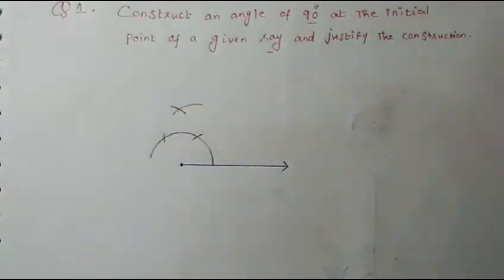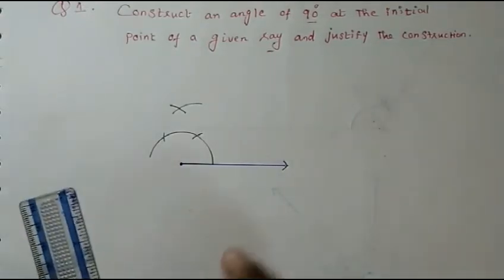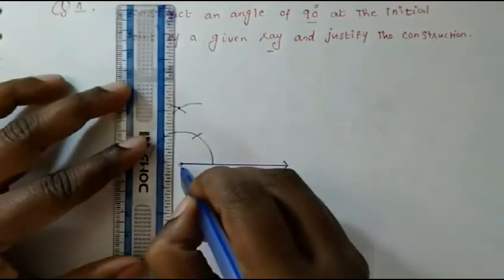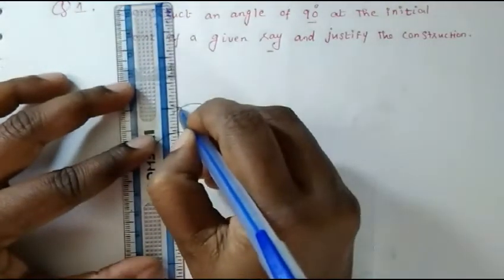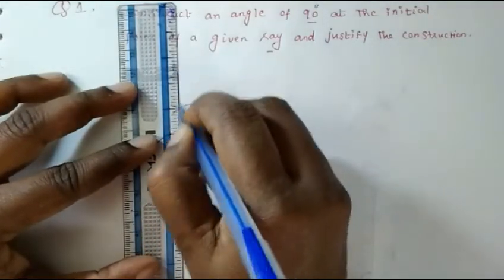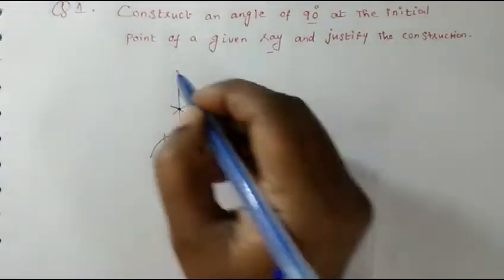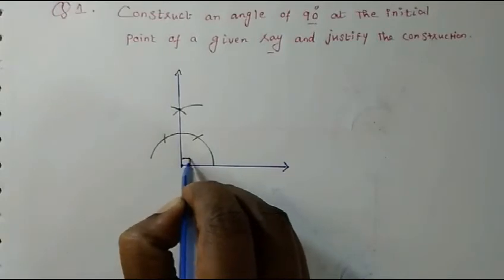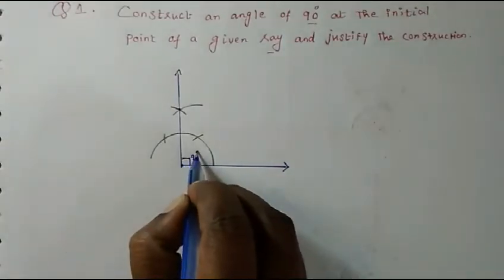Okay, now join this point with this point. This is your 90 degree. We have completed our construction.